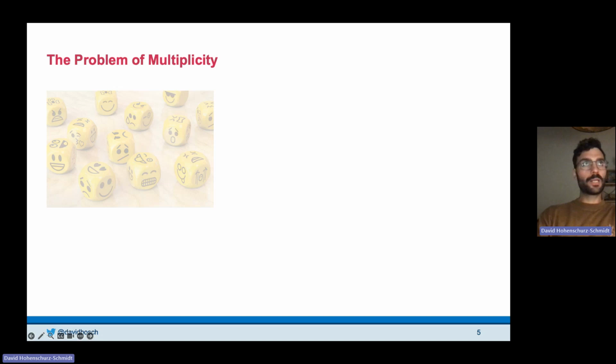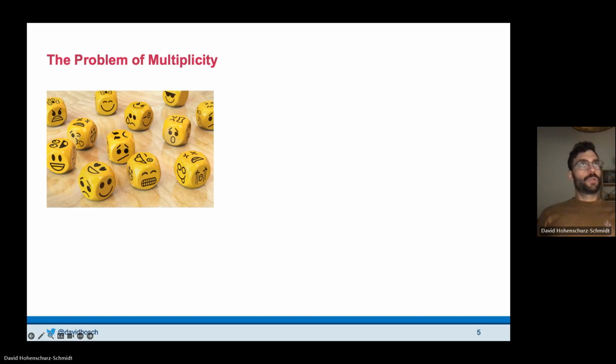Right. The next topic relates to multiple testing. Now imagine you're rolling a die to get a 6. If you roll it once, you might get a 6 by chance. But if you roll it many times, the more times you roll the die, the higher the chances you get a 6 eventually, even though the die is not rigged.